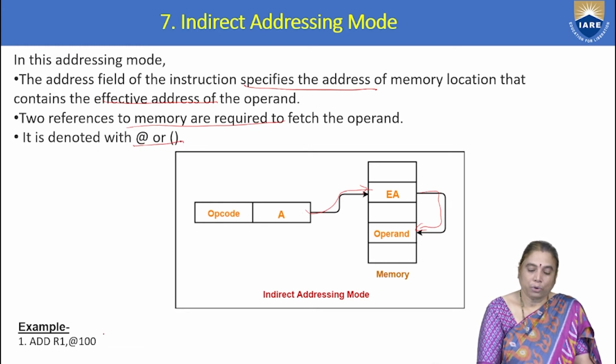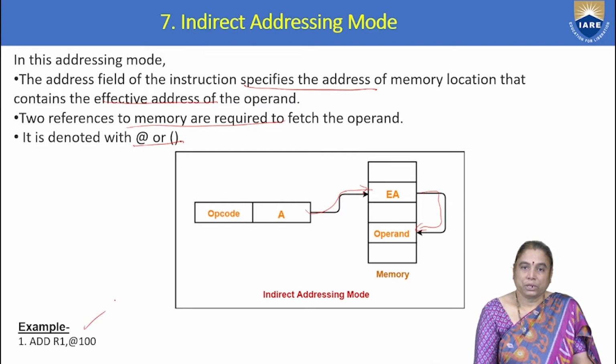An example of indirect addressing mode is add R1, @100. At memory location 100, the effective address is there. Another memory location is specified, and the computer has to move there in order to identify the operand. So this is the indirect addressing mode.